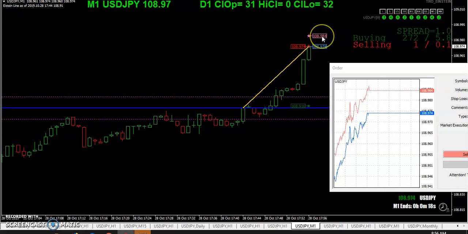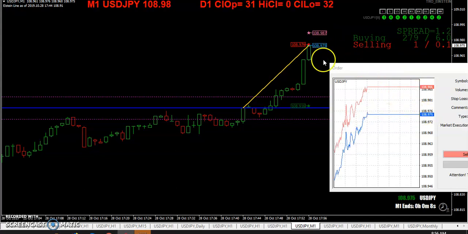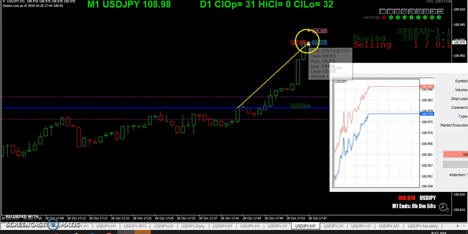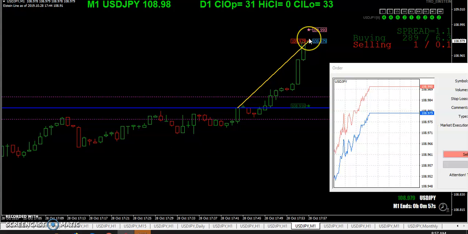This is the ask line. You see this matches this. This is the bid line, and this matches this. Now, this 97 right here, you see, as the bid is going up, this is going up.